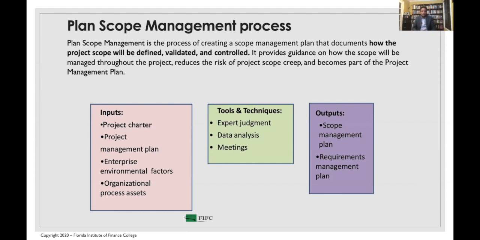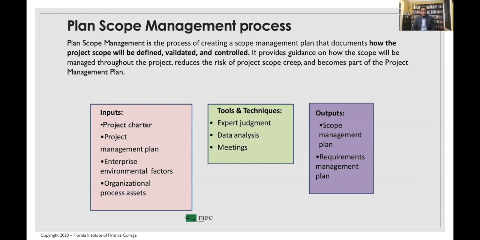Sometimes they call them enterprise environmental factors. Those are factors you don't have any control over except accepting and using them. For example, if you build a construction site, the zoning is not your decision. The city council will say, okay, this zone requires this. So this is an external factor.